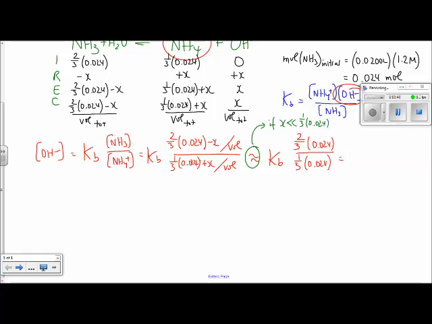This molarity then can be calculated. 3.6 times 10 to the minus 5 molar. pOH then is found to be 4.4, but that's pOH. For pH, we need to take 14, subtract 4.4, and that gives us a pH of 9.6.